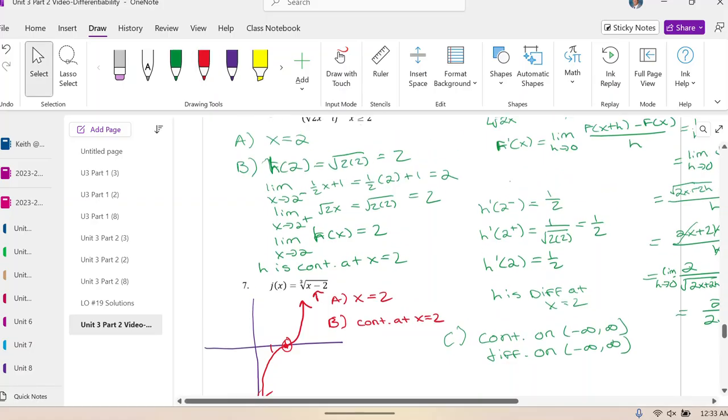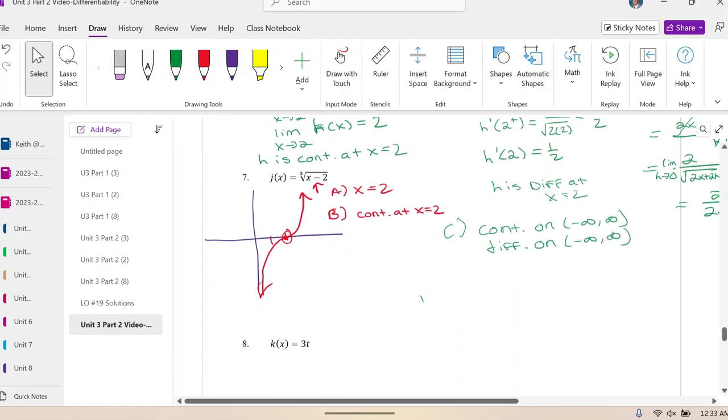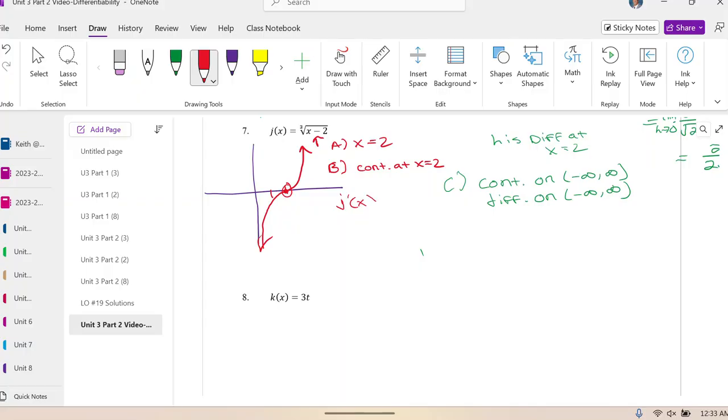But now to show, because remember it says for part B, to determine if it's differentiable, right? So if we want to find j prime of x, in this case j prime of 2, we could do the limit as x approaches 2 of the cube root of x minus 2 minus 0 over x minus 2.